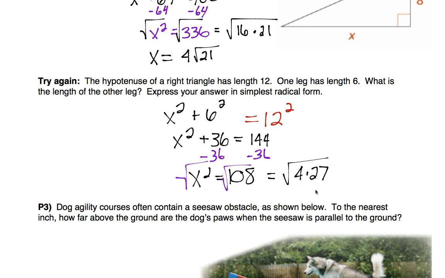So I should have divided 108 by 36 instead of 4. So I did it in 2 steps, but really I'm going to pretend like I did it in 1 step. And so now that's going to be 6 radical 3.